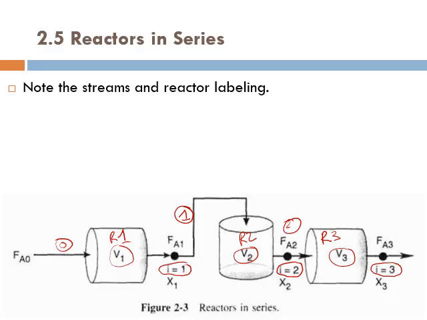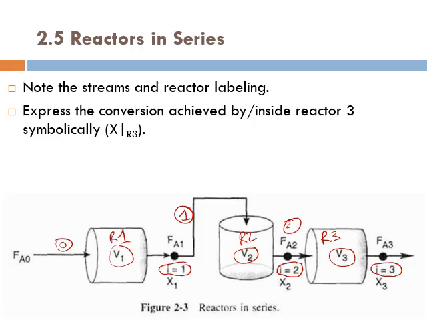Very good. Express the conversion achieved by, or inside, reactor 3 symbolically. So I want to express X at R3, or X by R3. The conversion achieved by reactor 3 is moles of A reacted divided by moles of A fed. How do you quantify the moles of A reacted inside reactor 3?